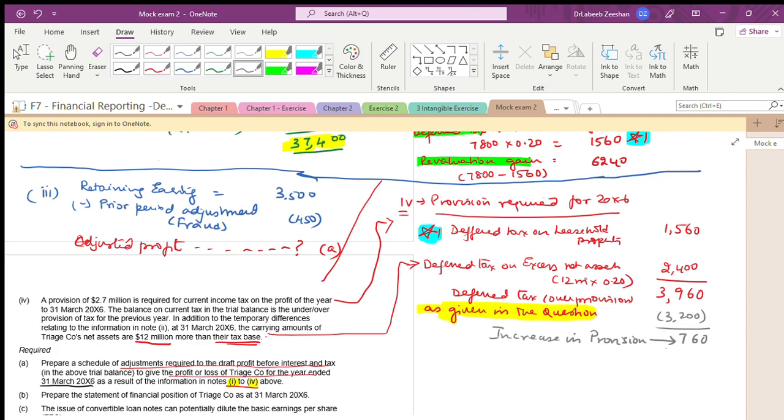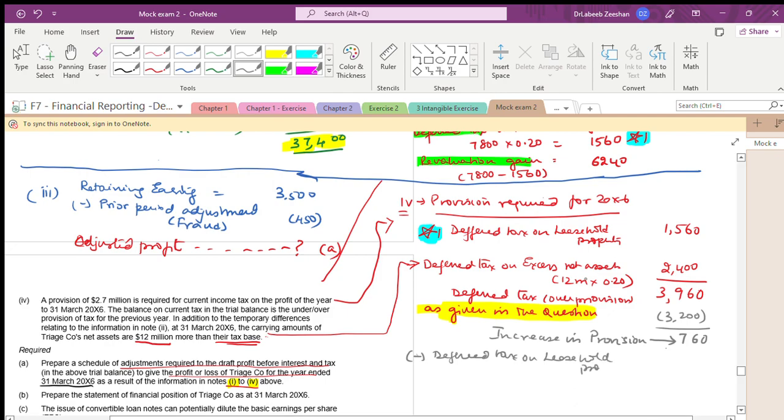The same concept we did in mock exam 1, because it is related to leasehold property. Less deferred tax on leasehold property.